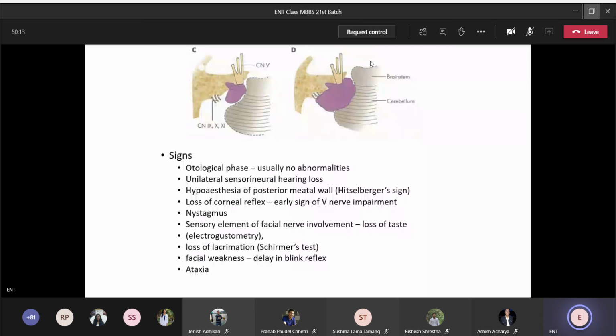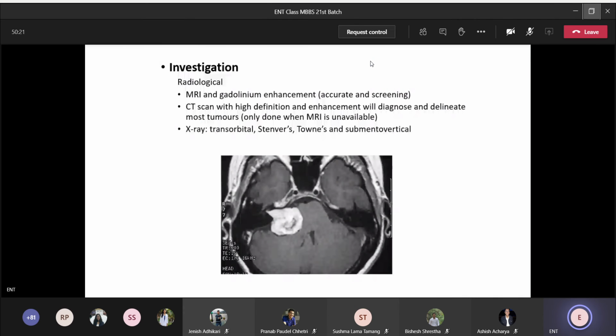Now regarding the investigation, if you're working in a place where there's no facility, then you can even do a simple plain X-ray to rule out this CP angle tumor, the acoustic neuroma. You can do a transorbital view, Stenvers view, Towne's view, and also submental vertical view.